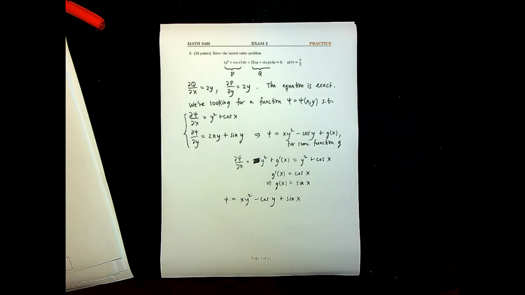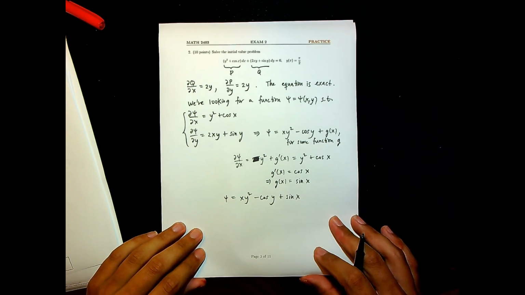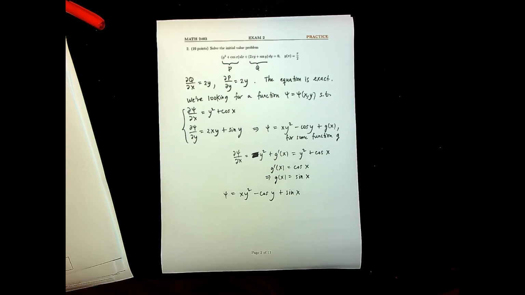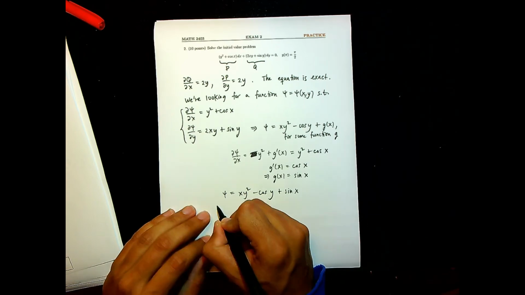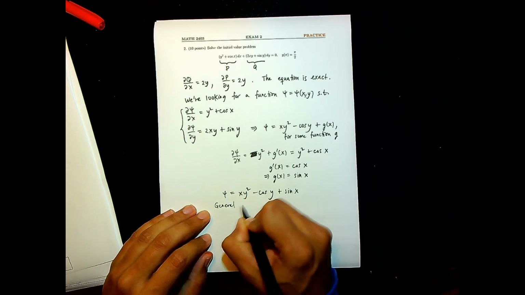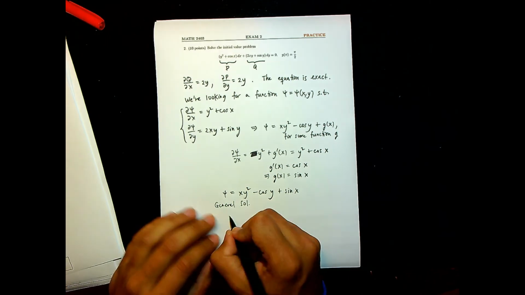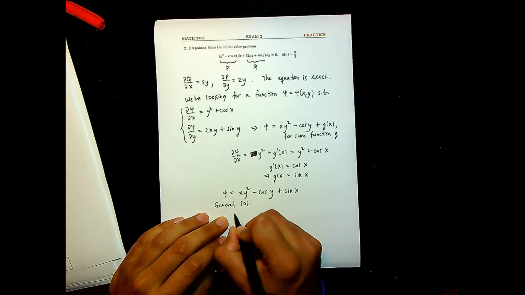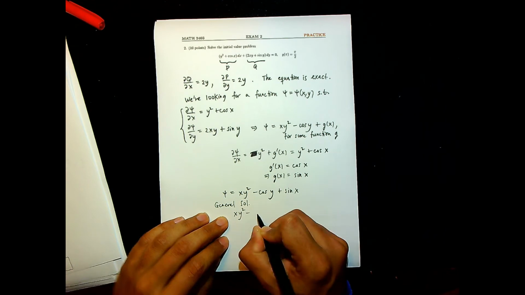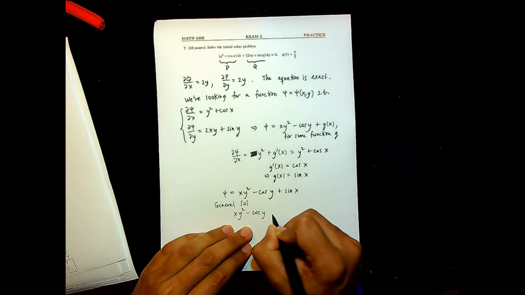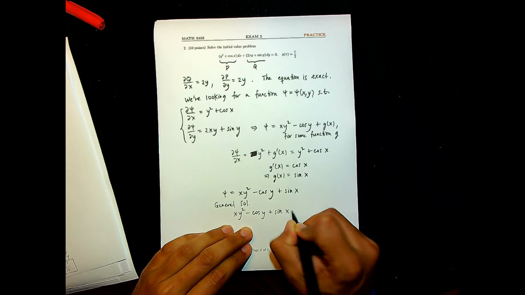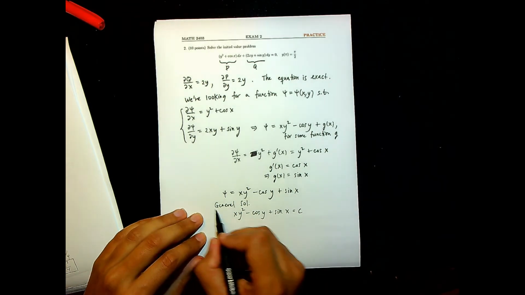So that is psi. And finally, we know what the general solution is going to be. Always, once you find the psi, the general solution is psi equals capital C, right? So that means the general solution is going to be this equal to capital C. So xy squared minus cosine of y plus sine of x equals capital C. So this is the general solution.